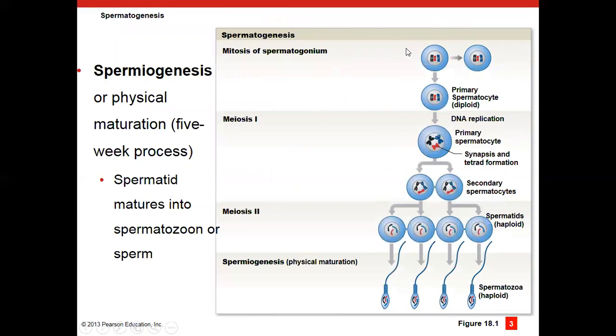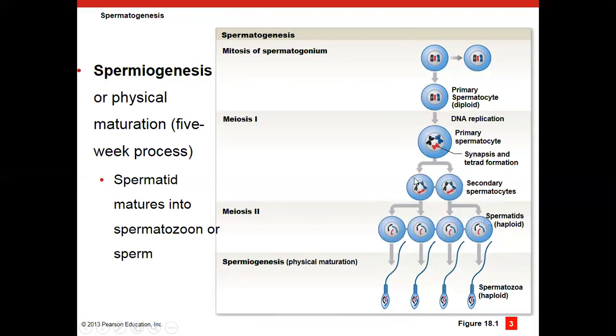So basically, the spermatogonium in spermatogenesis undergoes mitosis. So there's a cell division, and then meiosis is initiated by a primary spermatocyte, where you get division of the chromosomes.